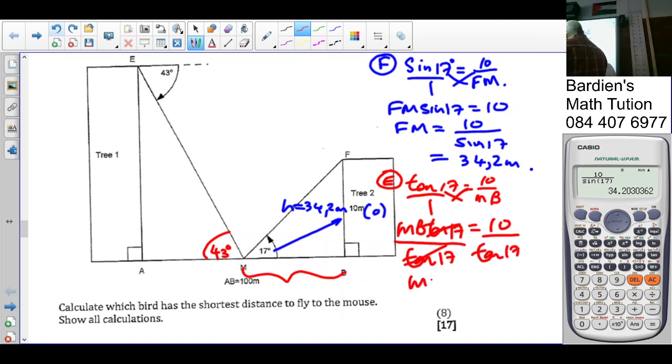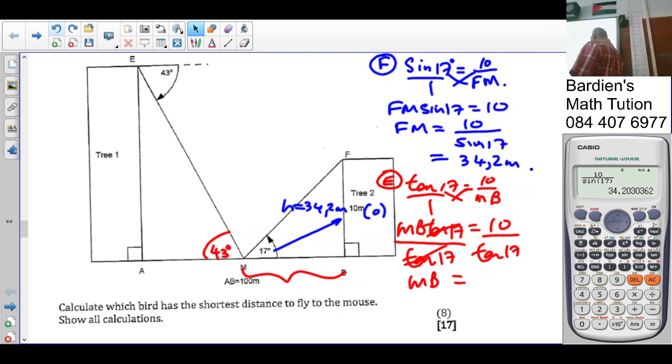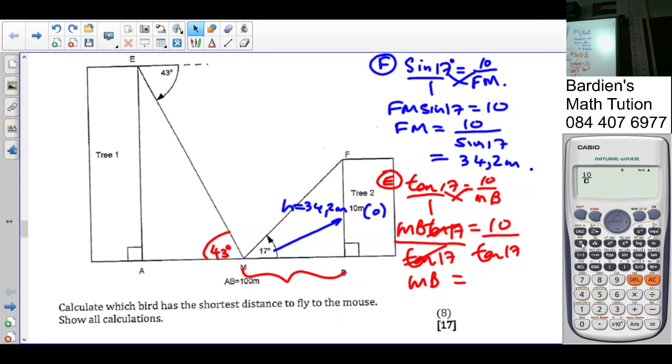So you get MB equals 10 over tan 17, which is 32,71 meters.